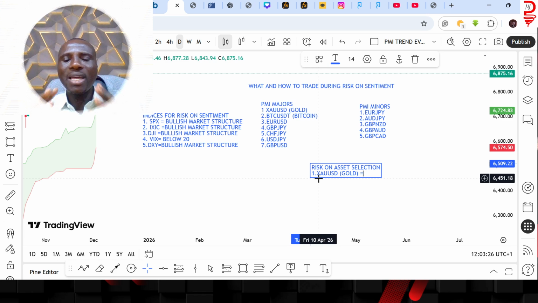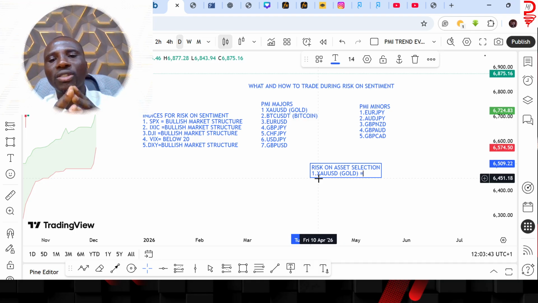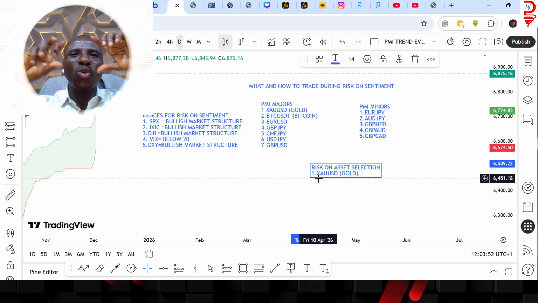So let me explain what will happen when you have risk on, what will happen to gold predominantly. And that is what is happening to gold at the moment. When you have a pure risk on sentiment in the market, what that means is that investors have a level of confidence in the investment environment, and there is no fear of any sort.